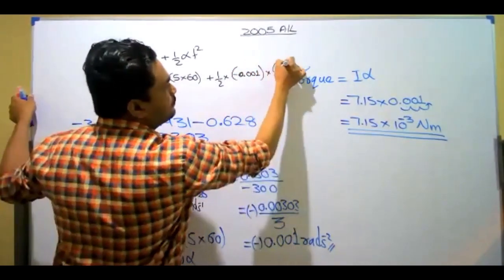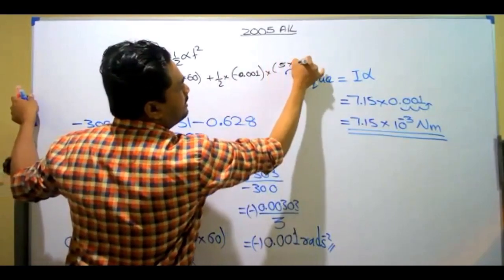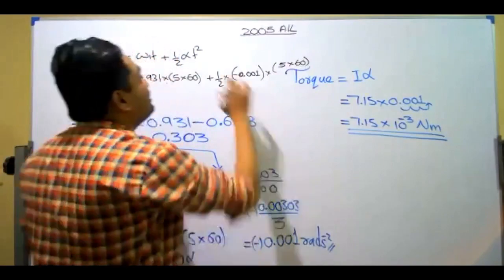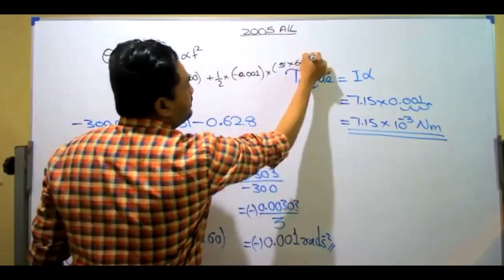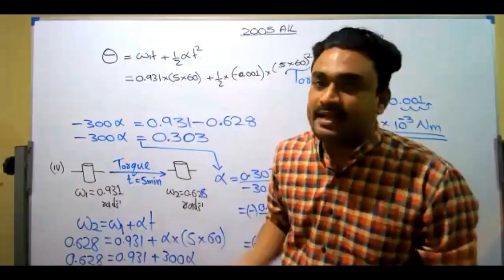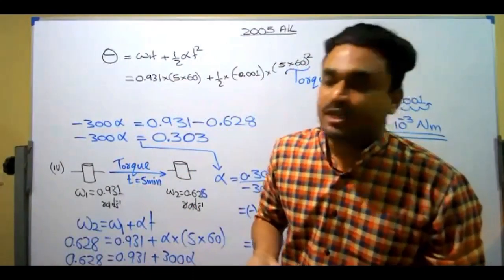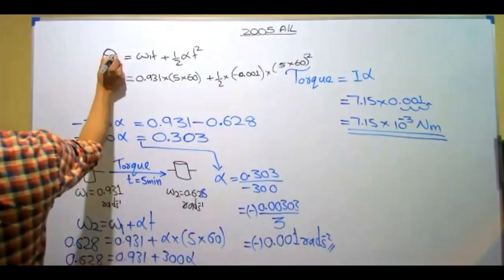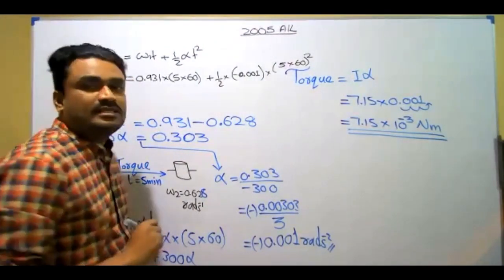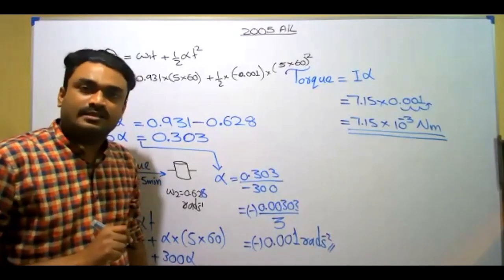Time taken is 5 minutes, therefore it should be multiplied by 60. This is in seconds. T square, therefore we should obtain the square. So use this equation and find the angular displacement. Do it yourself here. Find angular displacement and send me your answer to the Zoom chat. Start there.